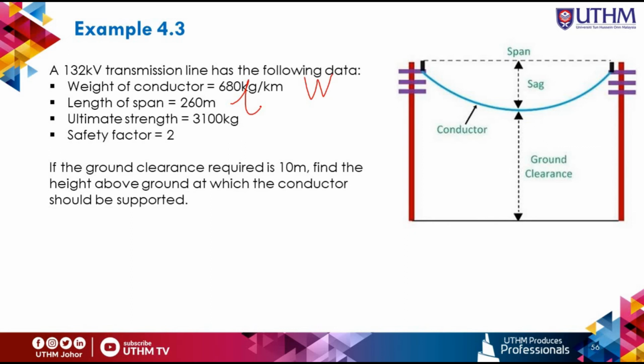If the ground clearance required is 10 meters, find the height above ground at which the conductor should be supported. Here we know the ground clearance, so we have to find the sag, then we can get the height.